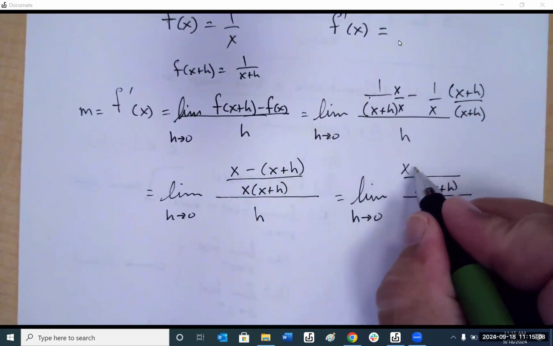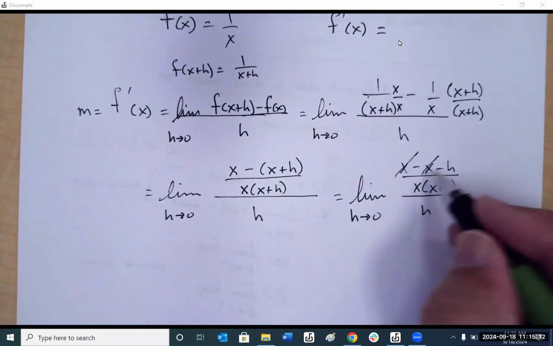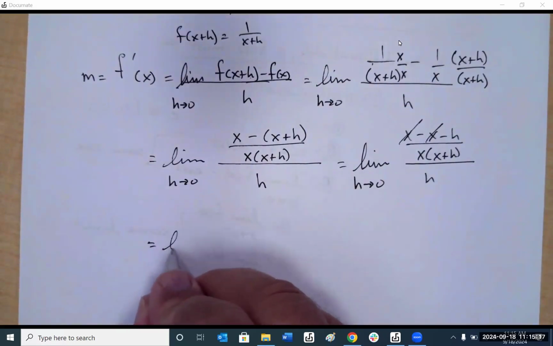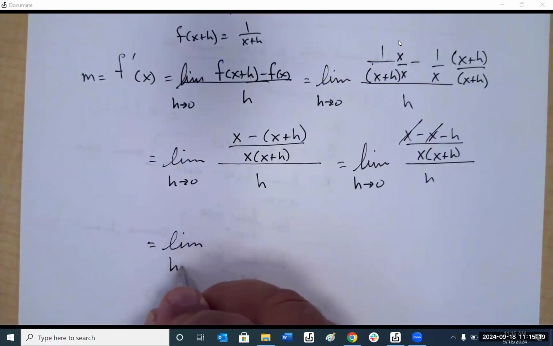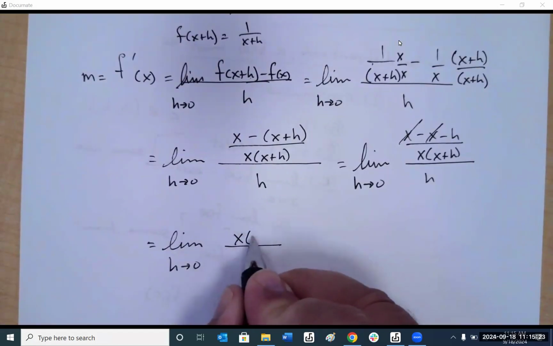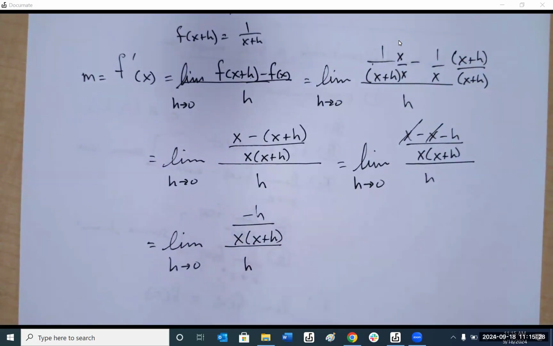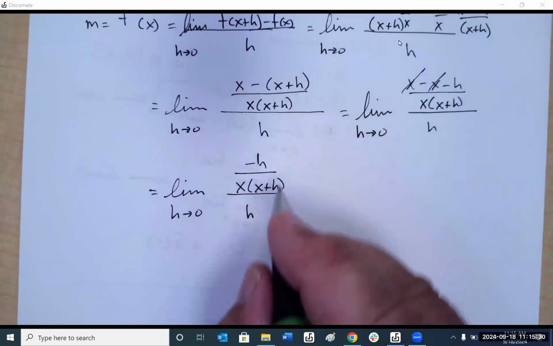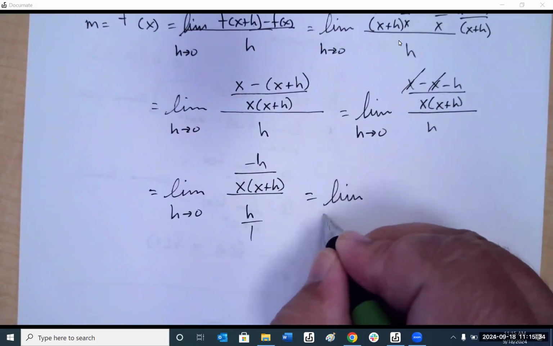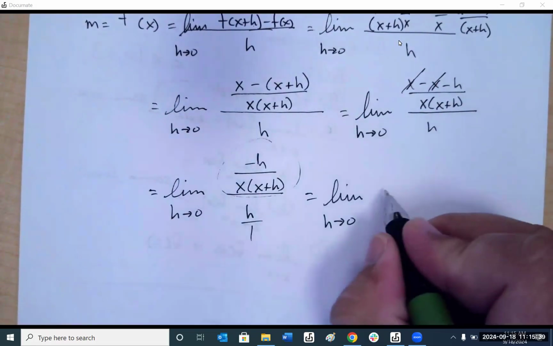Distribute that negative sign on top. Combine like terms. Again, you have this in your notes from last class, so I don't have to go over it step by step. So we have x minus x plus h, which is negative h. This is a compound fraction. Take the top fraction, leave it alone.